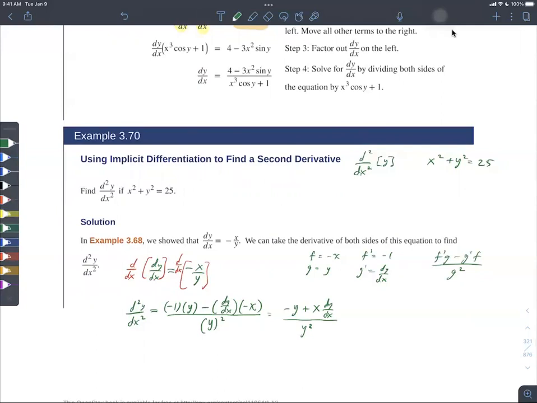Now, can this be simplified? The answer is yes, because there is a dy dx here, but we know dy dx from the previous problem. We stated it just a moment ago, dy dx is -x over y. So we can make that substitution. This is -y plus x times -x over y, over y squared.